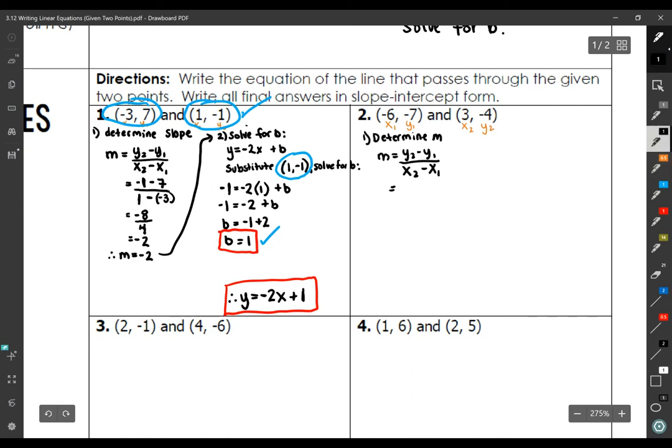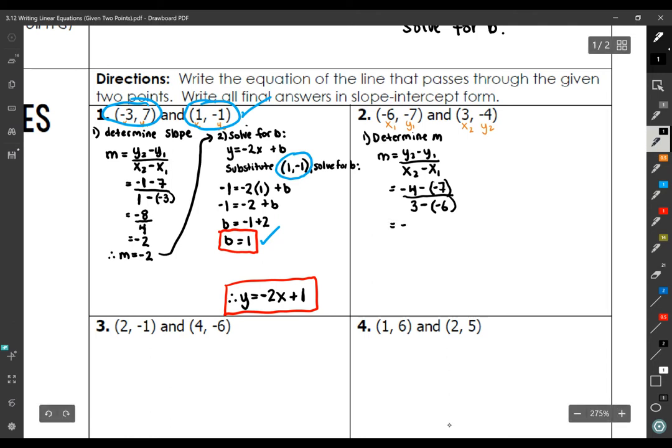All right, so put in your numbers carefully. Negative 4 minus negative 7 over x2, 3, minus x1, which is negative 6. Lots of double negative signs, okay?